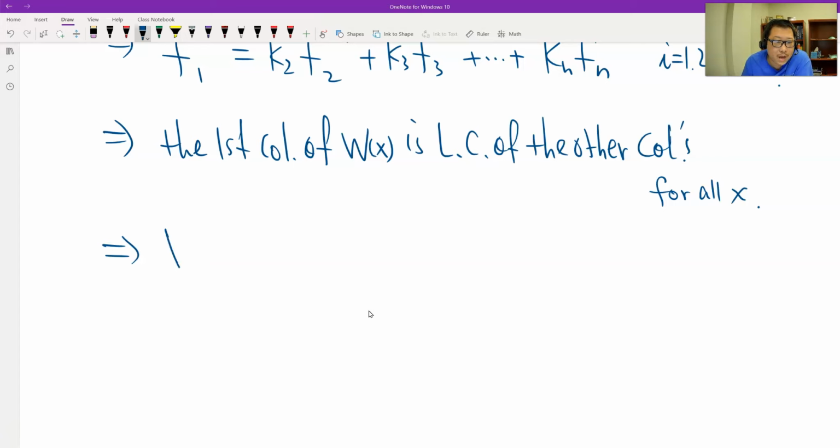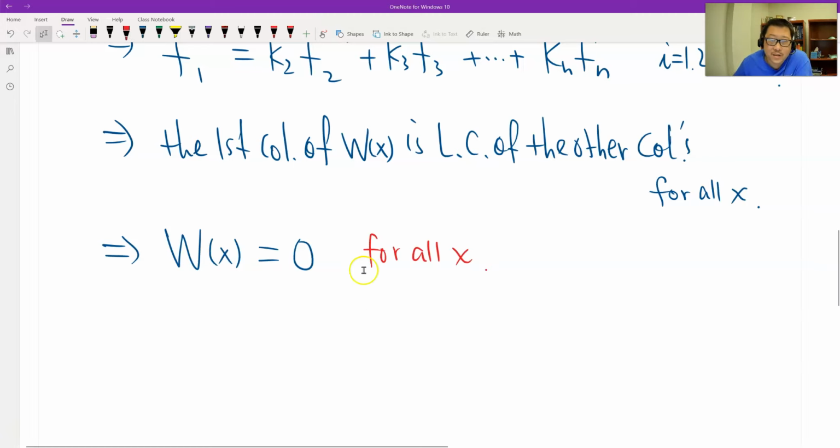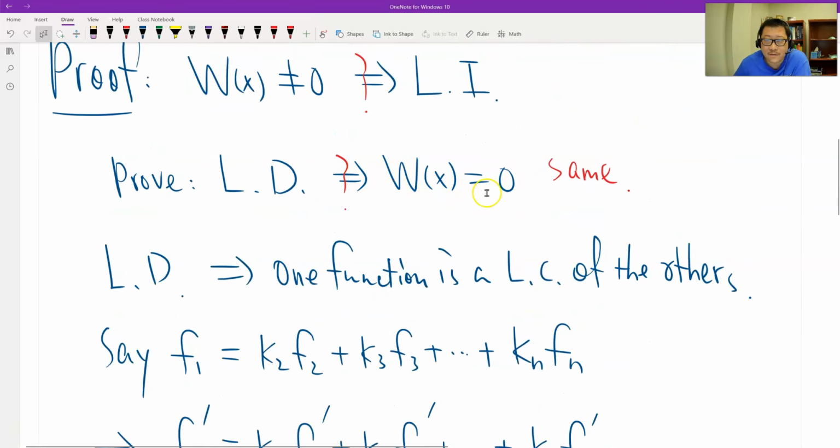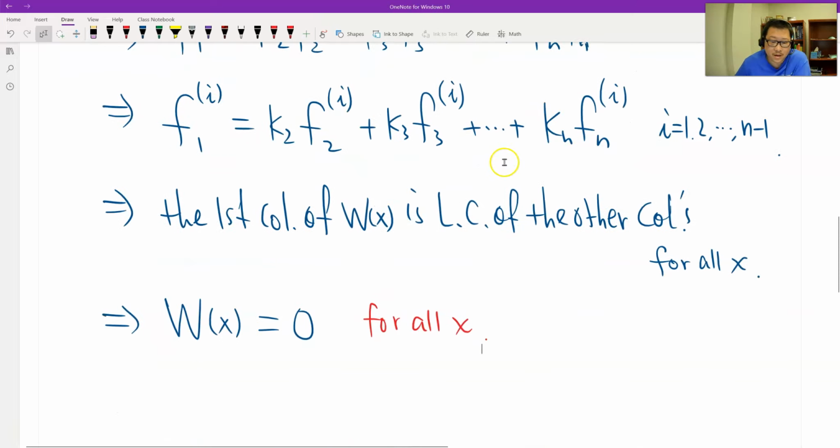So the Wronskian should be identically zero, a constant function. This means a contradiction. We find a contradiction, which is that the Wronskian is zero. The contradiction means linear dependence is not true. Therefore, it's linearly independent. So that is the proof. Thank you.